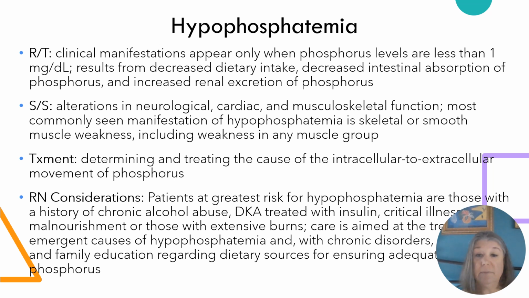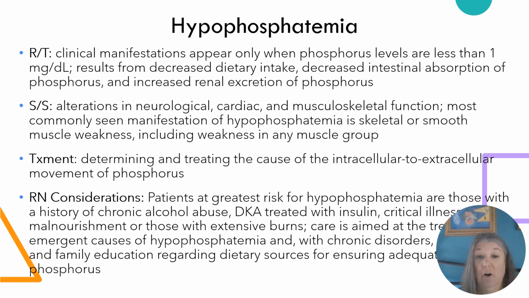So treatment, we're going to want to treat underlying causes, and we always think of other electrolyte disturbances related to this. So not uncommon that we're going to have hypokalemia, hypomagnesemia, and hypocalcemia.